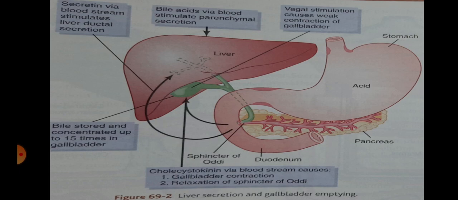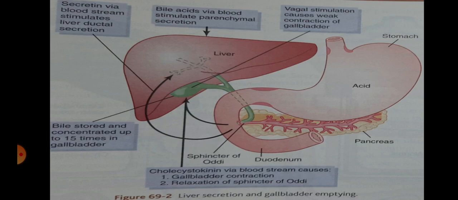Right? Bile in the gallbladder is stored and concentrated up to 15 times. And you can see this arrow mark in the top left one. Secretin via bloodstream stimulates liver ductal secretion. Right?